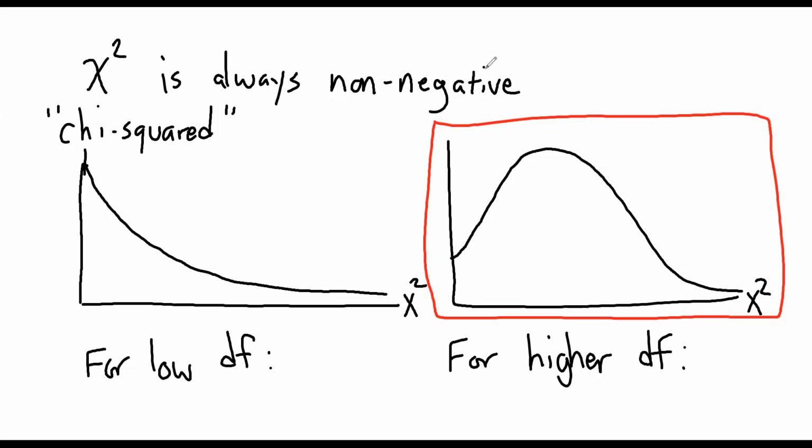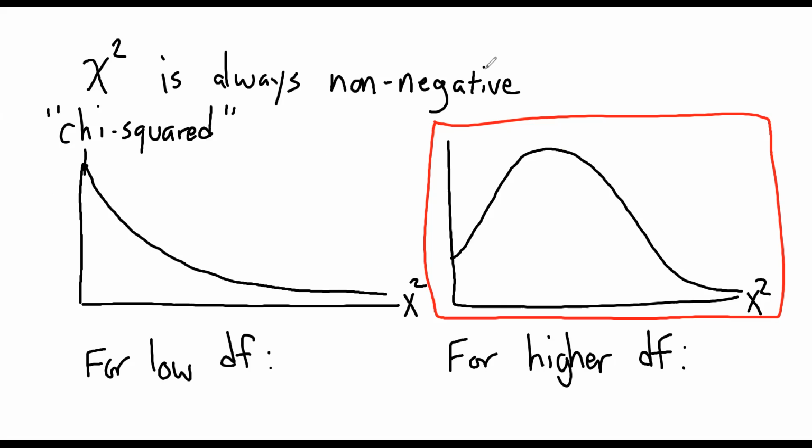Again, for low degrees of freedom, it kind of looks like a quarter pipe, for those of you who are familiar with what a quarter pipe is. But the higher the degrees of freedom, the peak of this curve just starts moving further and further to the right. So I will always be drawing my chi-squared curves like the one that's currently inside of a red box.